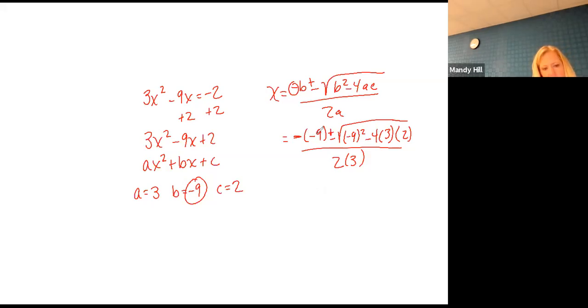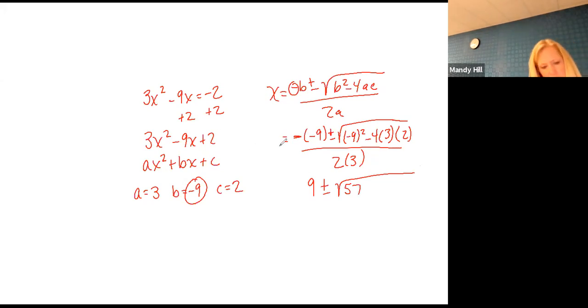Okay, so -9, that's going to be 9, plus or minus. Okay, we can type that whole thing in the calculator, -9 squared minus 4 times 3 times 2. It's 57. I'm pretty sure that 57 is prime.